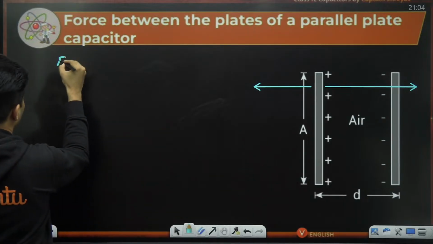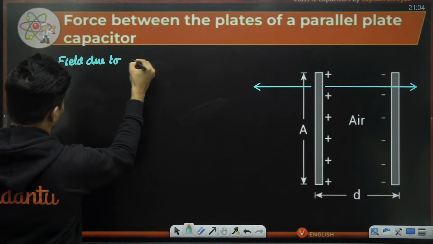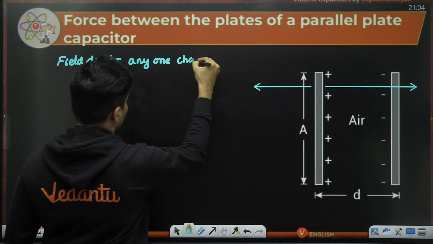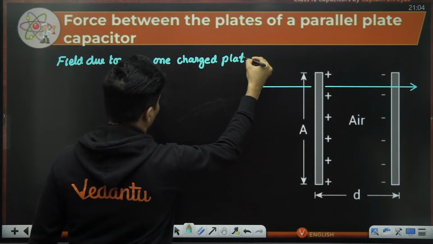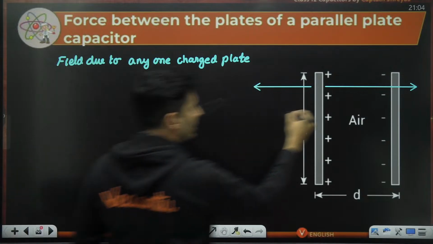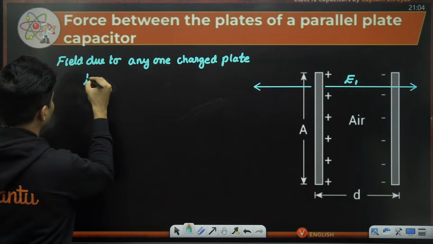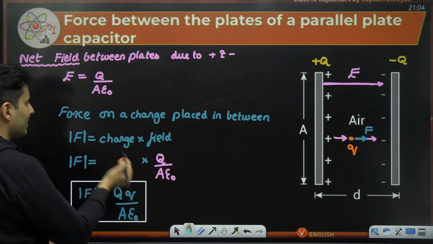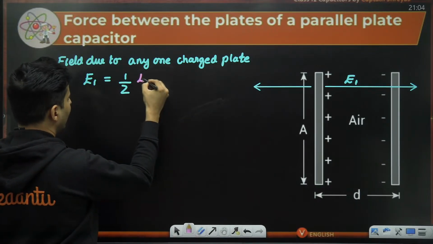So, the field due to any one charge plate, if that is basically E1, that particular E1 will be exactly half of this previous electric field, which is half of that net electric field.